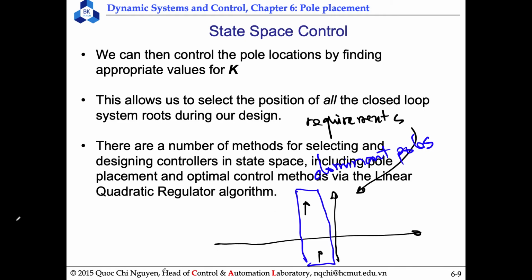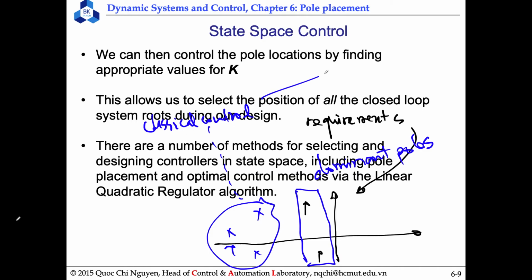Okay, so in classical control we can let the system have the dominant pole, but because this is a high order system, in classical control the system still has other poles.